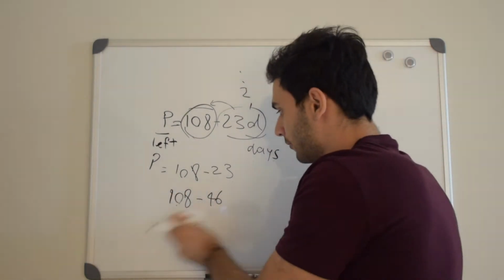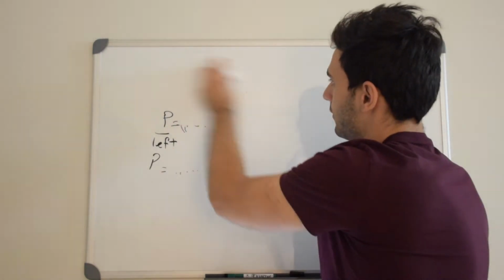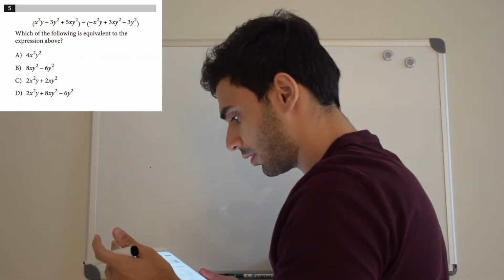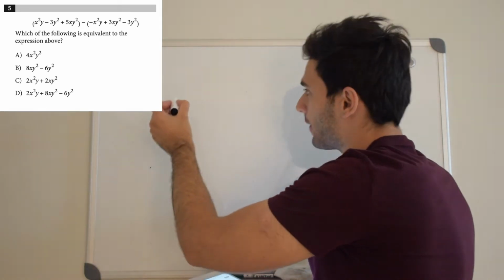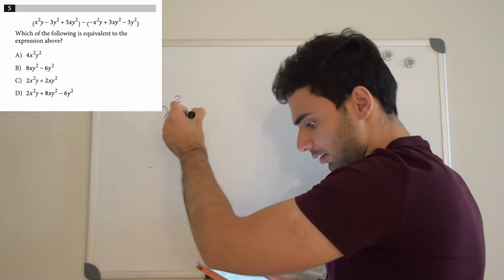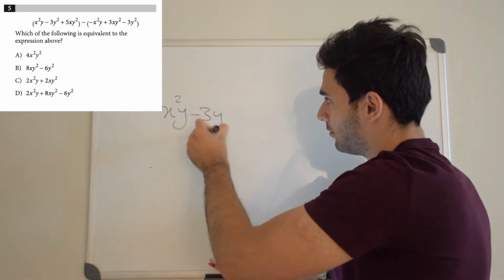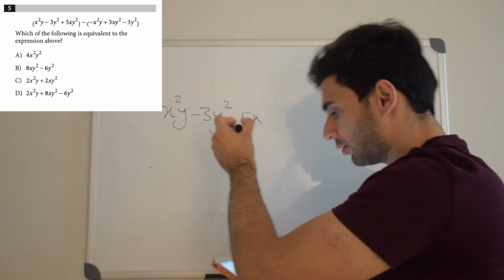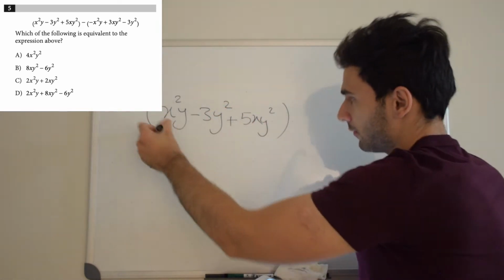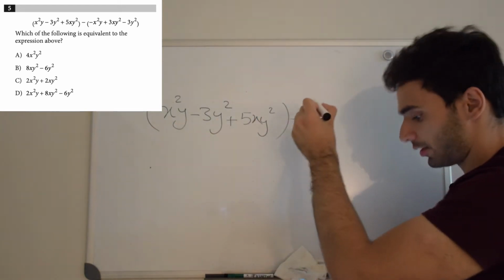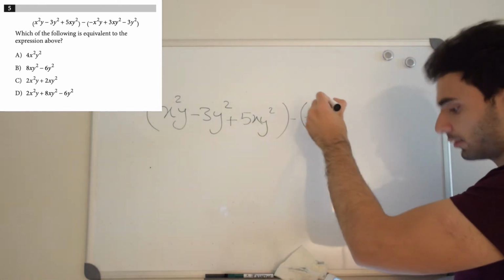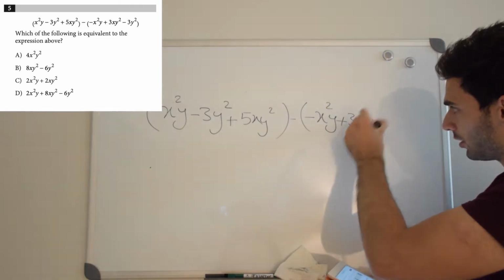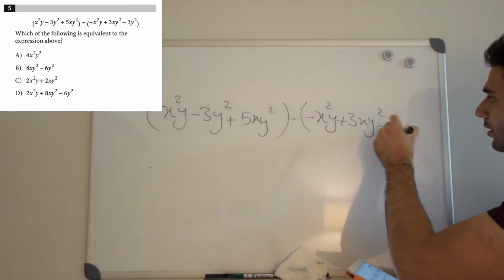Question number 5. So question number 5 has an expression: x squared y minus 3y squared plus 5xy squared, minus x squared y plus 3xy squared minus 3y squared.